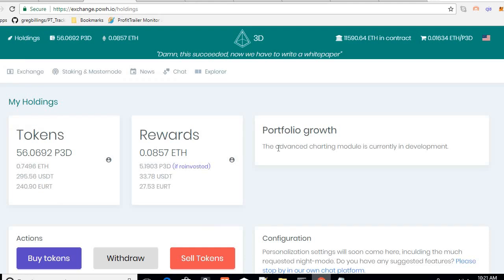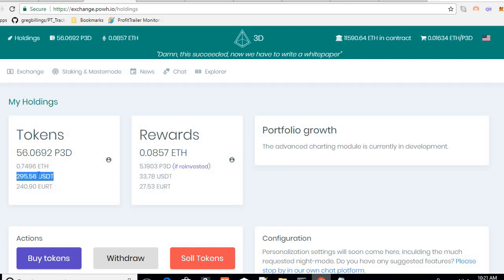Let me show you my proof of weak hands account. So far, I have made this much Ether in 3 or 4 days. I've made that much Ether. So I've made about $33, and I didn't really even invest much.